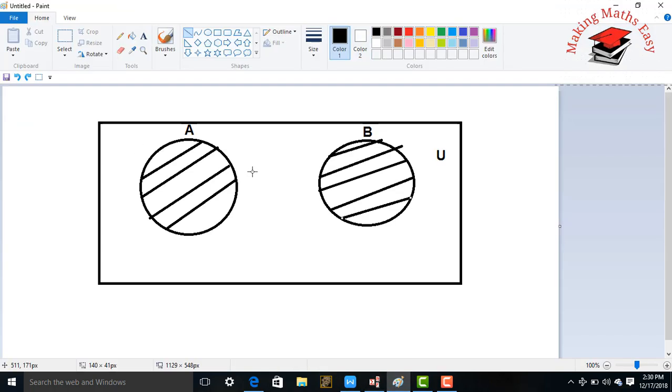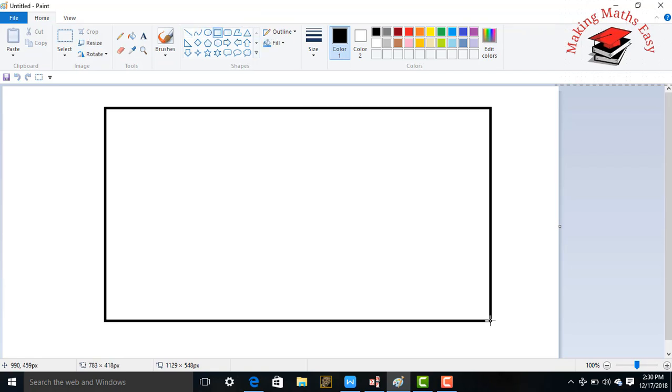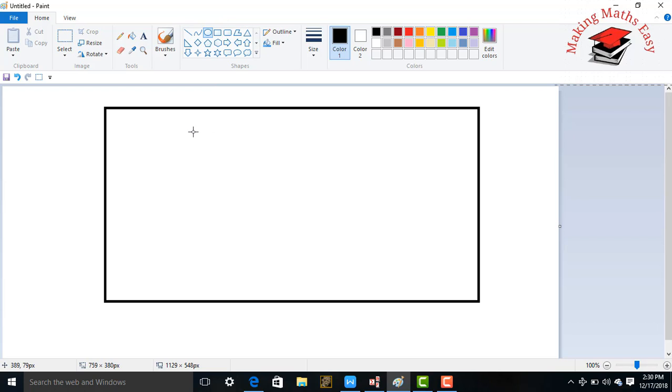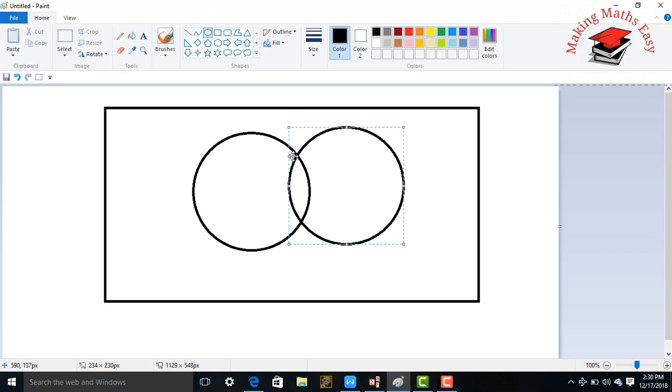But what about the intersection case? As explained earlier, what about the case when this particular set A intersects this set B? I will show you. This is the universal set, set A intersecting set B, at this particular point.